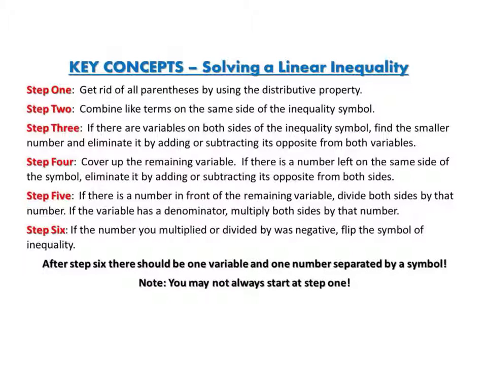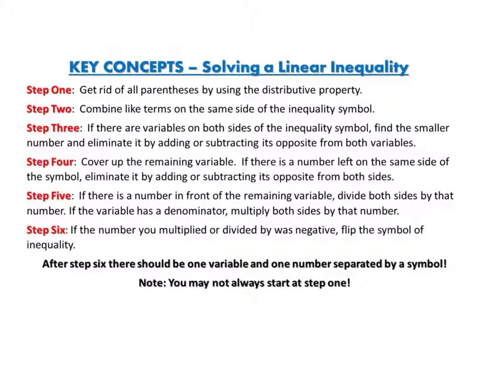Step 4, cover up the remaining variable. If there's a number left on the same side, you're going to eliminate it by adding or subtracting the opposite from both sides. Step 5, if there's a number in front of the remaining variable, you divide both sides by that number. If the variable has a denominator, you multiply both sides by that number.